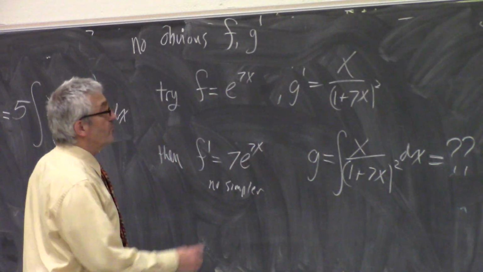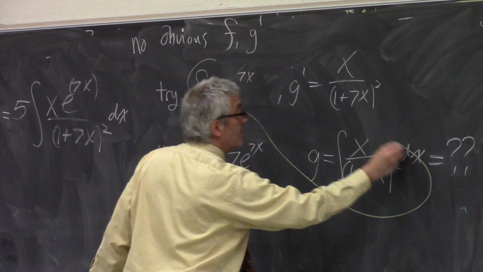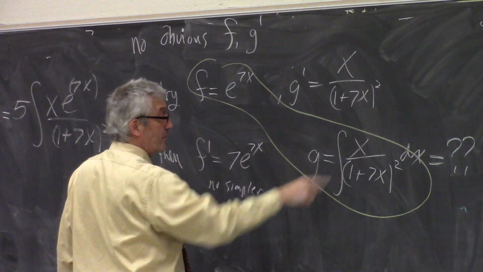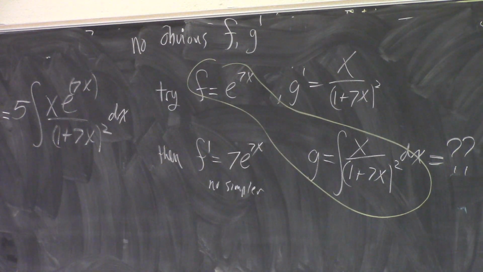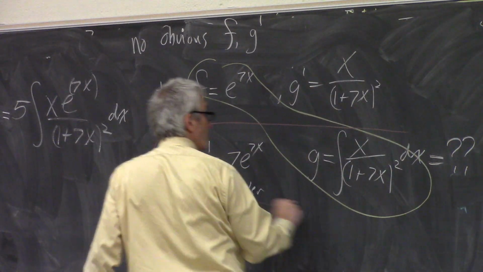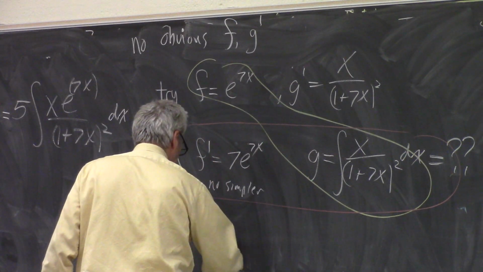If I do my trick of having this term, which I don't know how to integrate, and then having to integrate something else, it's going to be hard. So, nope.